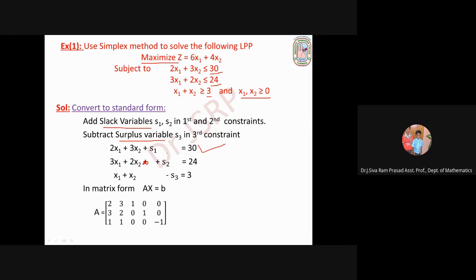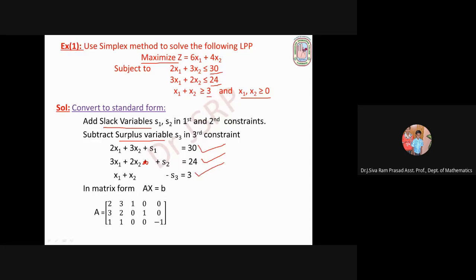There are no s2, s3 terms in the first constraint, so their coefficients are zeros. Next, the second row, the coefficients of the second equation: x1 coefficient 3, x2 coefficient 2, no s1 term so coefficient 0, s2 coefficient 1, and no s3 term so coefficient 0.